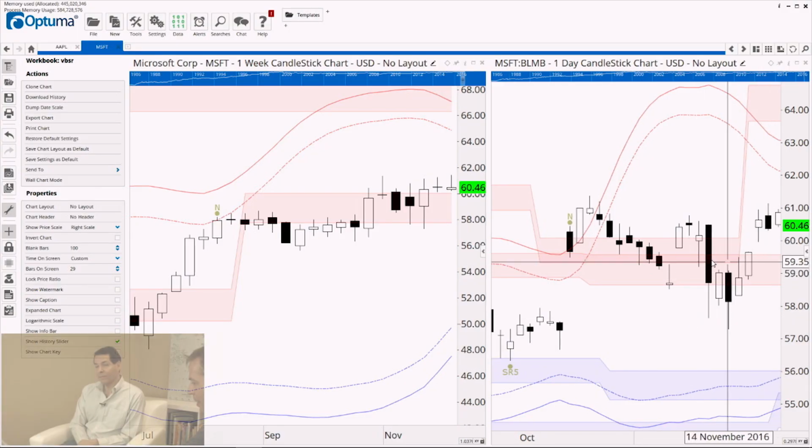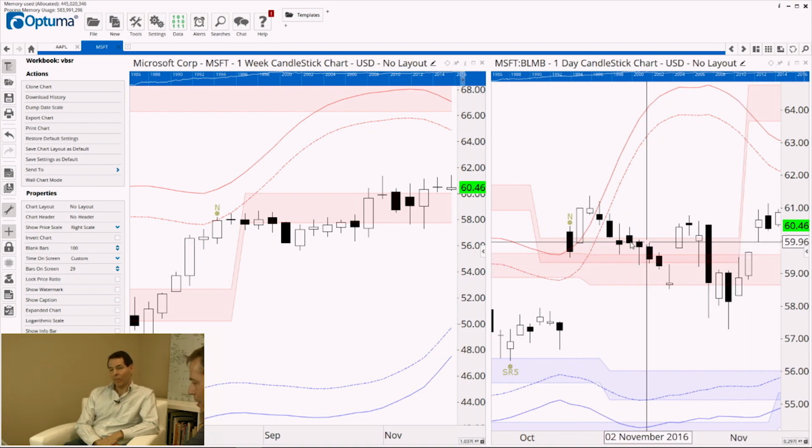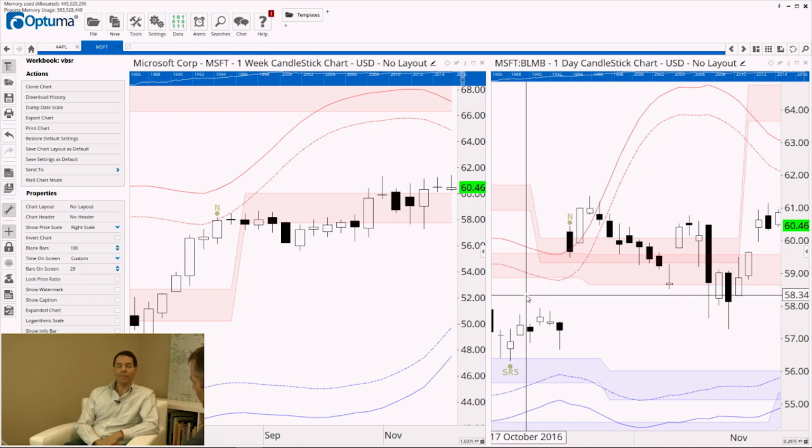One thing worth pointing out is we have this little section of overlap here. I remember you telling me a bit about overlapping zones. When two zones of resistance or two zones of support come very close together, it forms a much tighter, more reliable, more predictable set of circumstances that you can make trading decisions on.